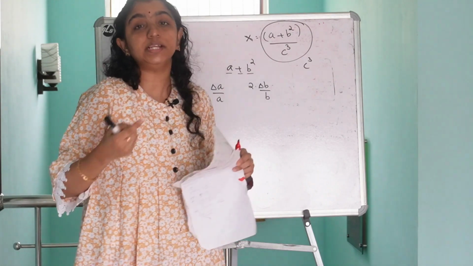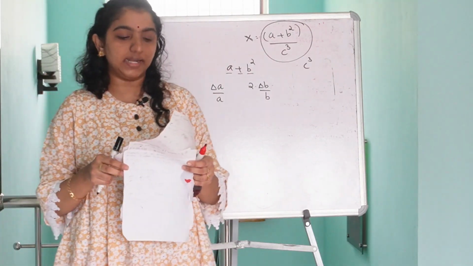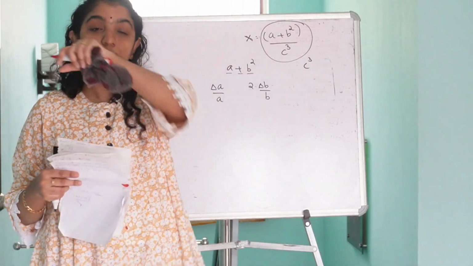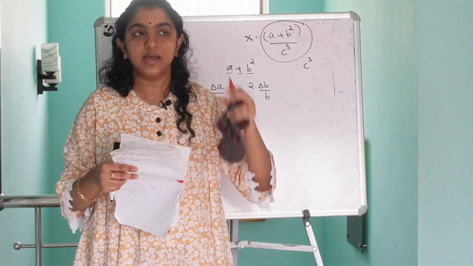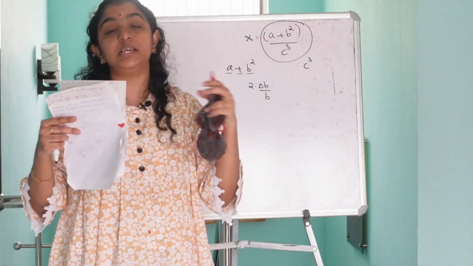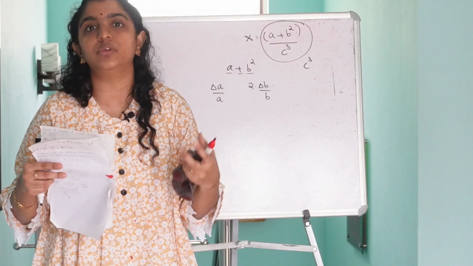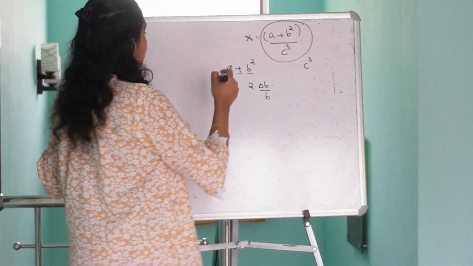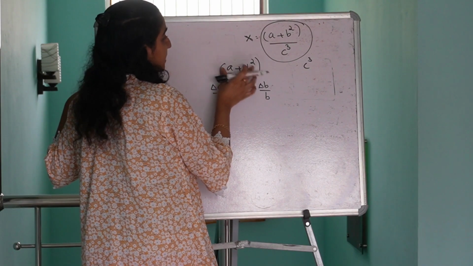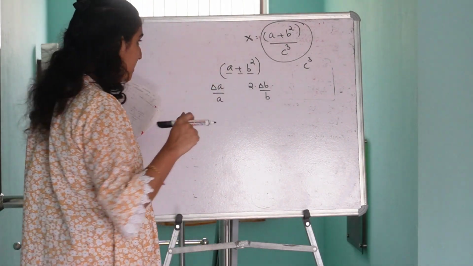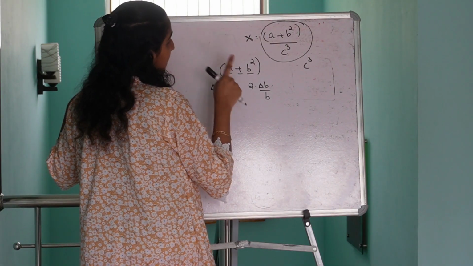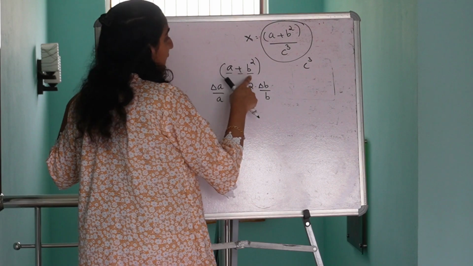When we are adding two physical quantities, we have to consider the absolute errors of individual measurements, because the maximum possible error is directly related to the absolute error of individual measurements. So how do you find the absolute error of the numerator? You simply add up the absolute errors in the individual measurements A and B square.